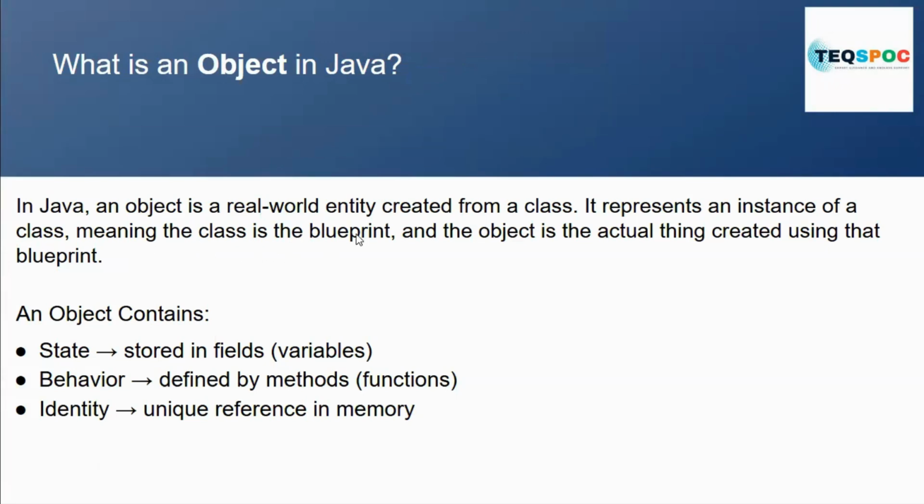Blueprint means the design which we have created to write the code related to the animal. If he is performing some action, then we create a method, so that is the blueprint. The object is the actual thing created using the blueprint. So this we have basically seen. The object contains state, behavior and identity, which we have seen.